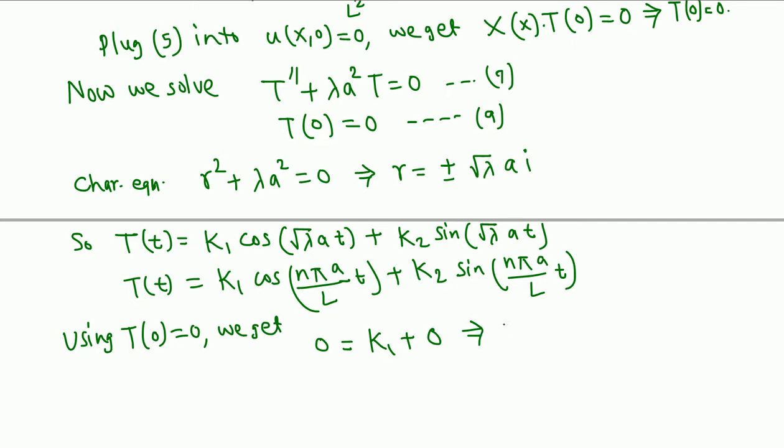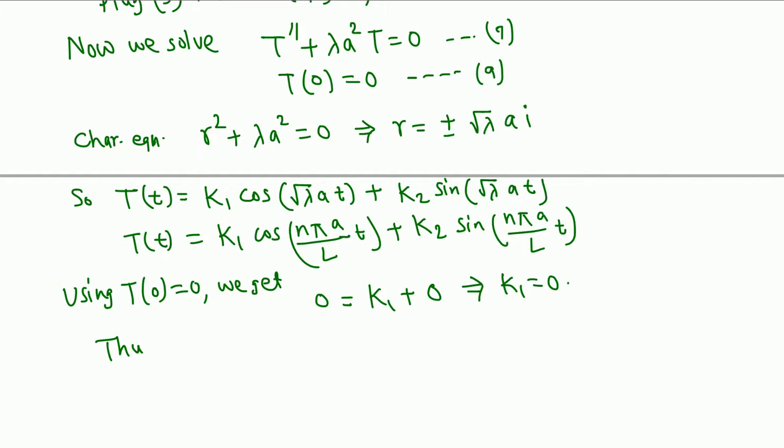This implies k1 is 0. So in the solution there is no cosine term; it is gone because k1 is 0. Thus we have the solution T equals k2 times sine of n pi a over L t.